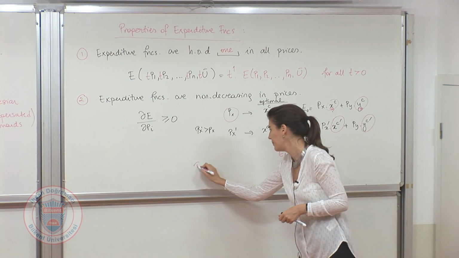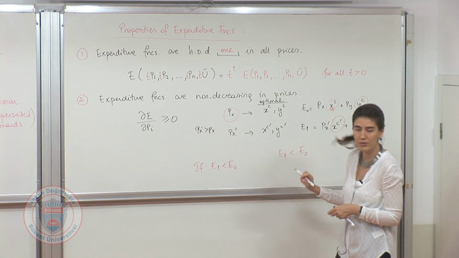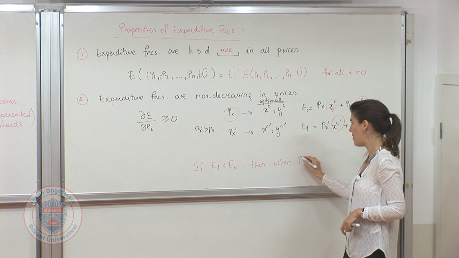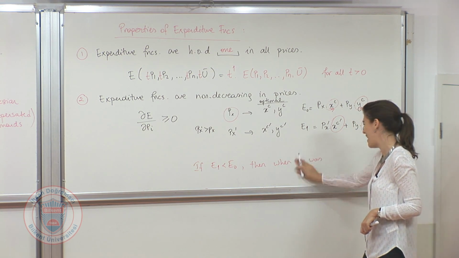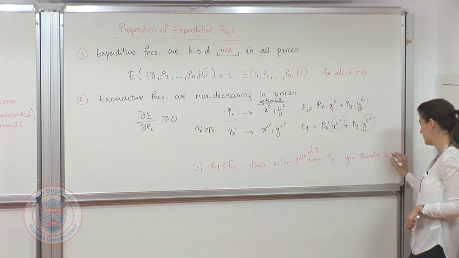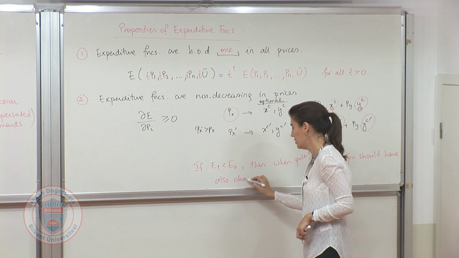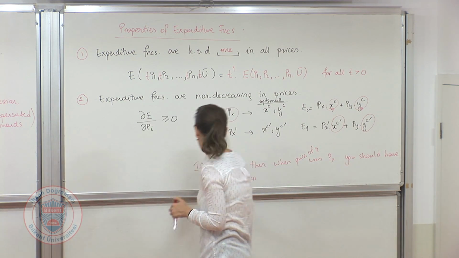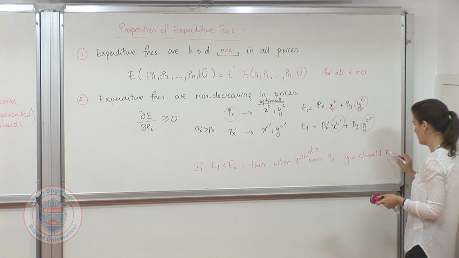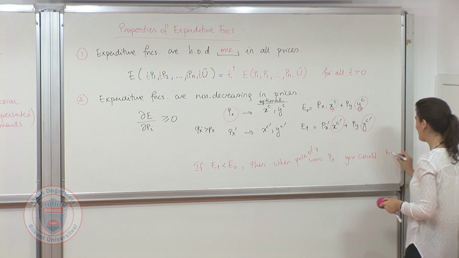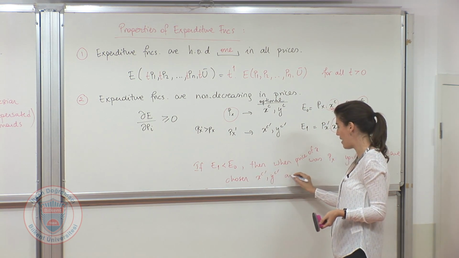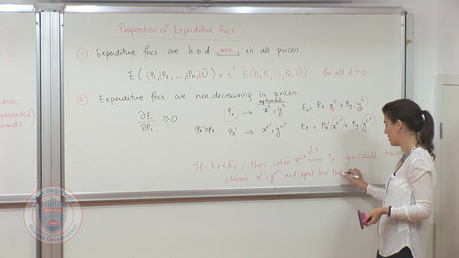If E1 is less than E0, then when the price of x was px, you could have chosen xc prime, yc prime, and spent less than E0.